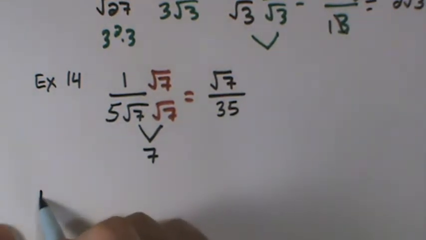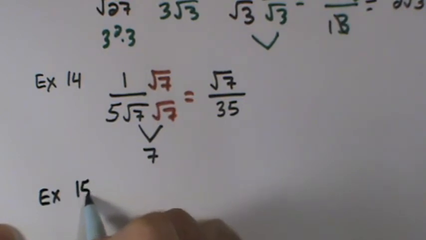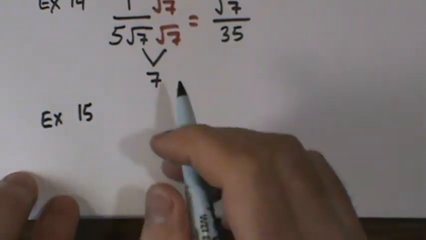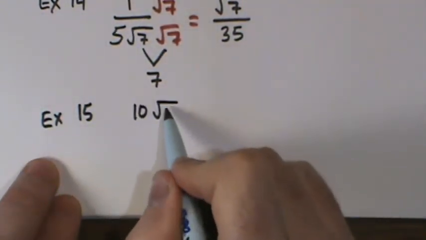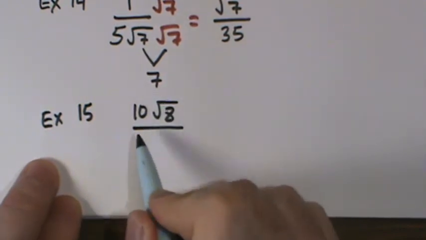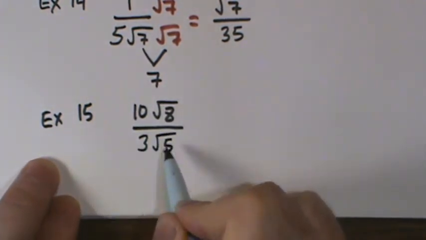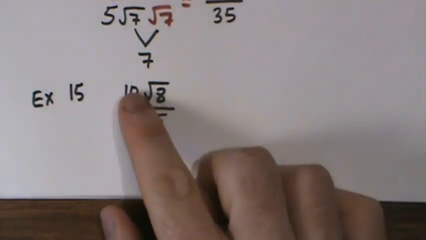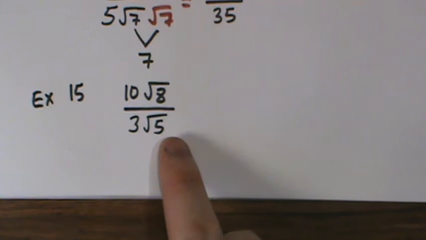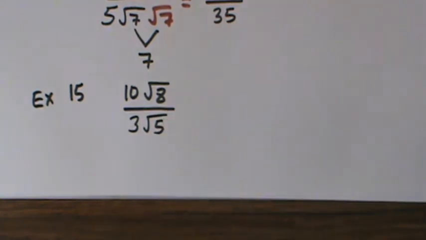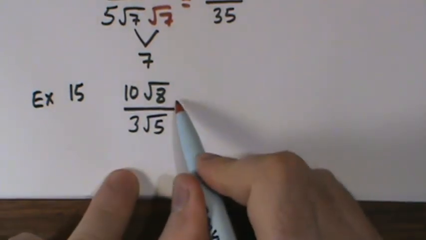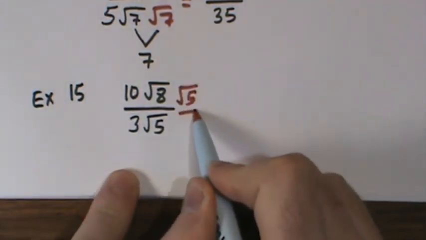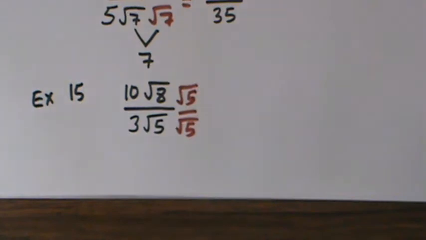And we're going to finish with example number 15. I've got a 10 rad 8 over 3 rad 5. I do not have any opportunities to cancel, and so I can look at multiplying top and bottom by rad 5. As I multiply by rad 5, we'll see where this takes me.